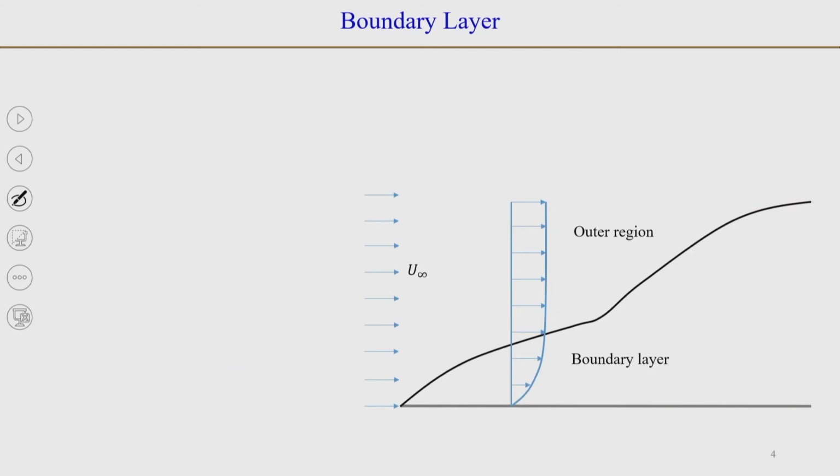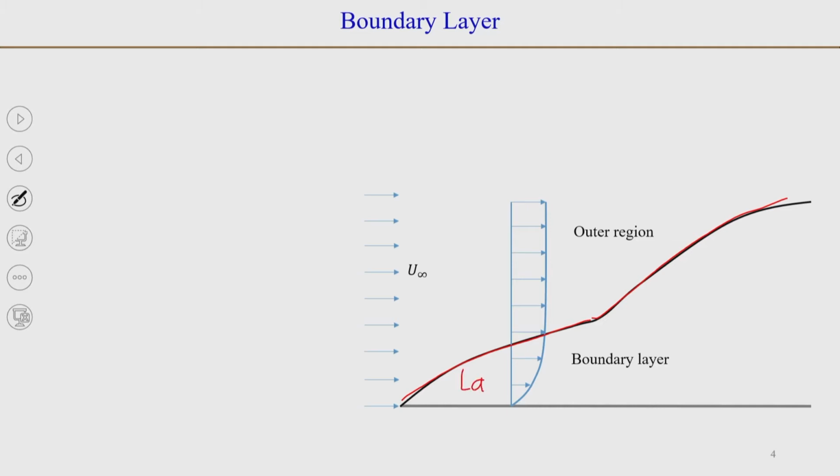Now, as you can see, there are two different regions here. The boundary layer grows slowly and then there is a sharp increase in the boundary layer. As the thickness of the boundary layer grows, the flow becomes turbulent in the boundary layer.